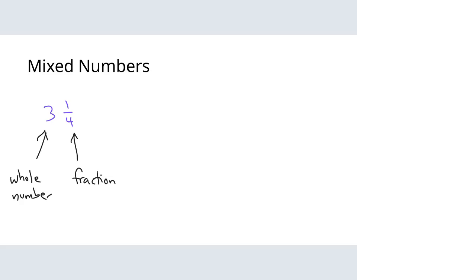So a mixed number has a whole number part and a fraction part. Many of you are probably very comfortable rewriting a mixed number as an improper fraction, but I want to walk through why the shortcut works. Because there is a shortcut to rewrite this mixed number.